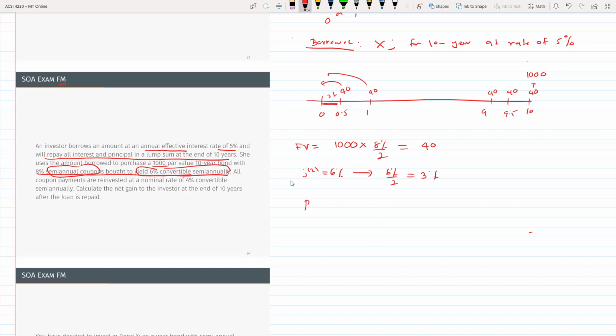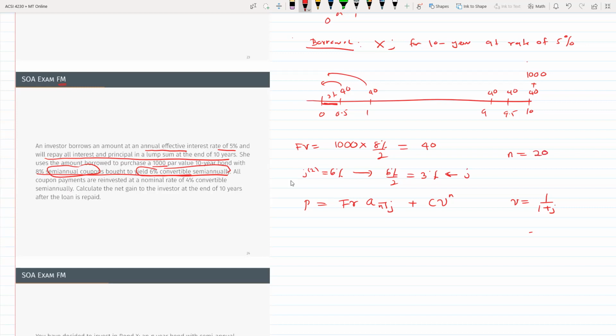So the price would be what? Price would be Fa_n¬j plus Cv^n, and v is basically 1/(1+j), and j is actually 3%. And what's the n? There are 20 payments, so n is 20.